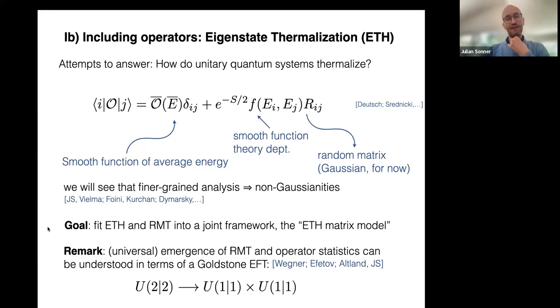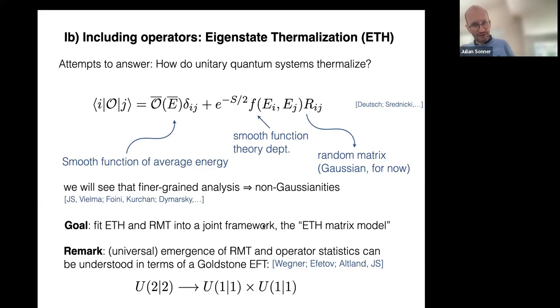This remark here, okay, I've given talks about this, but I do still want to mention it. You might ask, why does this random matrix idea actually work, and why can we describe operator statistics with this kind of ansatz? And one way of doing it, especially in the many-body business, was recently emphasized by myself and Alex Altman, but goes back to old work of Wegner and Efetov.